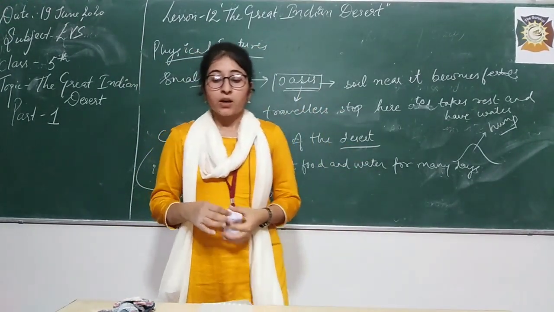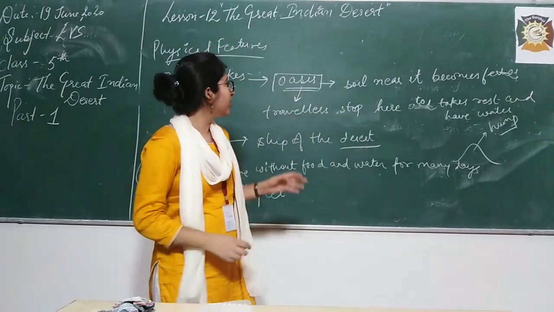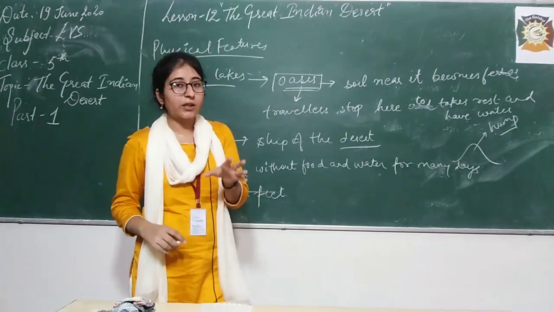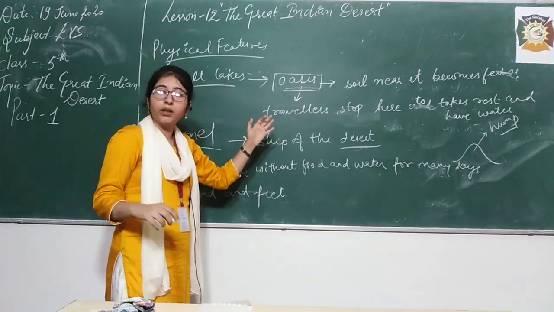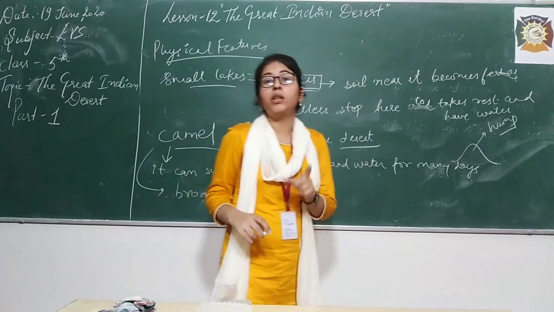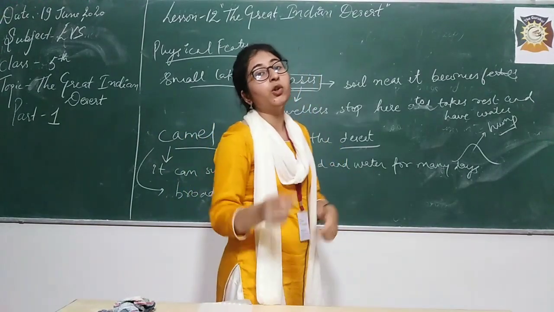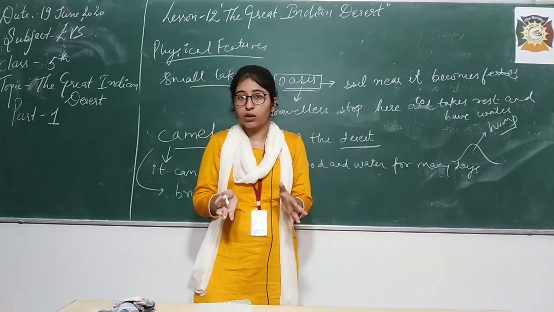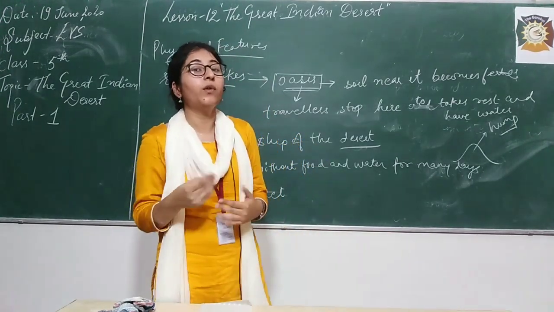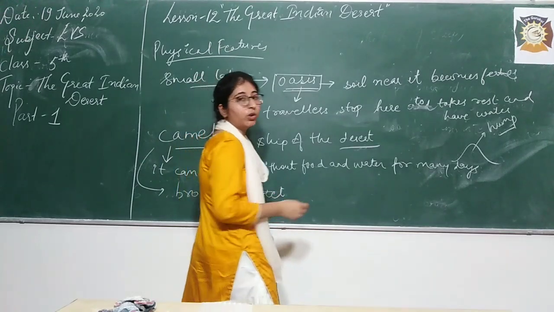And yes, see students, in the deserts there is less rainfall, right? And there are some oases, small lakes developed there. But where do the people get water who are not near oases and where there is no rainfall? They get water through a canal.